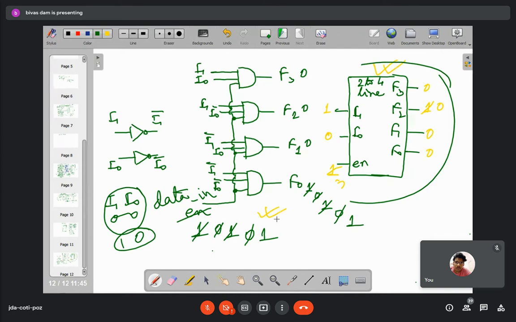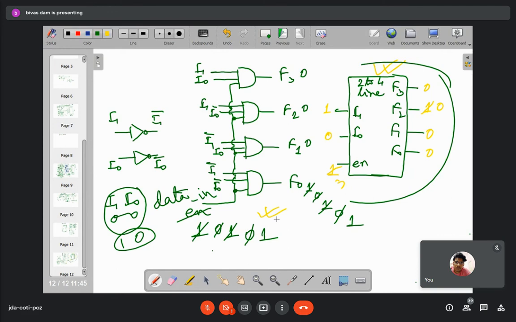Does the demultiplexer internal architecture differ from the decoder architecture with the enable logic? Yes. This is the same thing. The same decoder architecture with the enable logic is now visualized as one demultiplexer, where that enable input line is differently used.